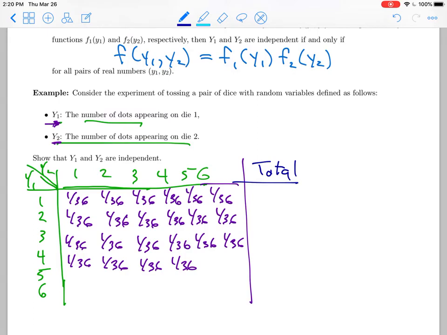So that row sum of 6 over 36, or 1/6, is the marginal probability of getting Y1 equal to 1. And we actually get 1/6 for each of these. So those were our marginal probabilities for Y1.